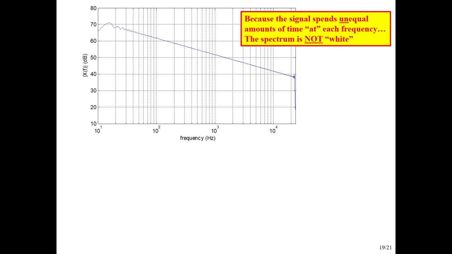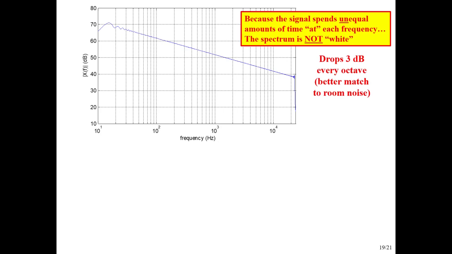Nice. And it turns out it's not white, but it also is not zero at any given frequency. And the reason that it's not white is we can kind of think about, because the rate at which it sweeps through frequencies is going faster and faster as time goes on, it spends unequal amounts of time, quote unquote, at each frequency. So the spectrum's not white. And we can actually analyze this. I just did a quick FFT analysis of this, but you can analyze it analytically and you can find out how it drops off and things like that.